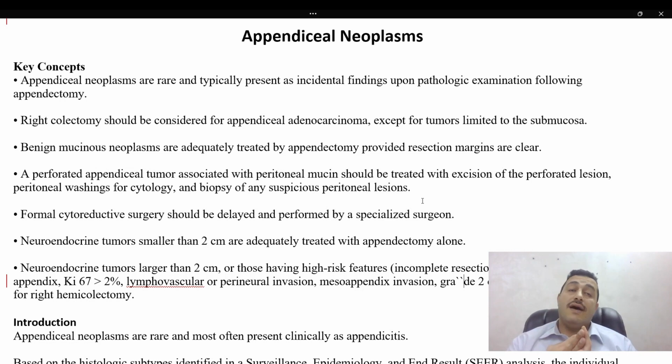We take any fluid for cytological exam, and biopsy of any suspicious lymph node, and we wait until the result comes back. If the result confirms lymph node involvement, or the margin is not clear, we proceed to cytoreductive surgery.